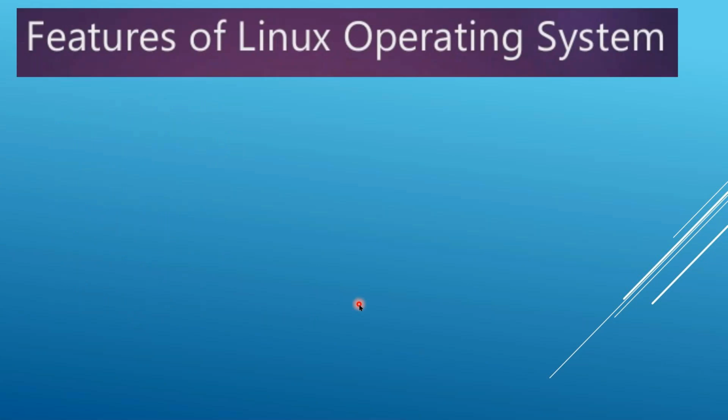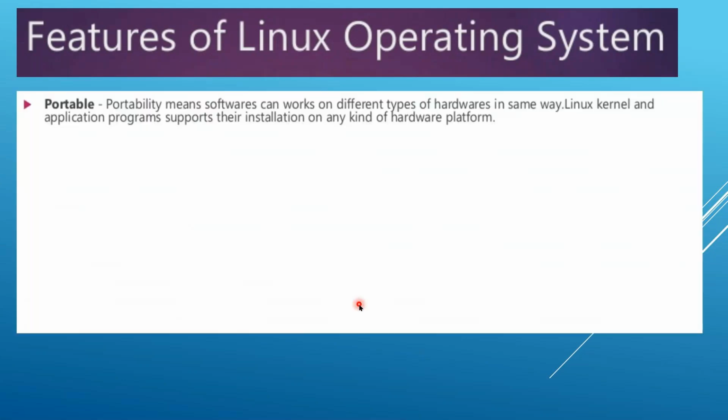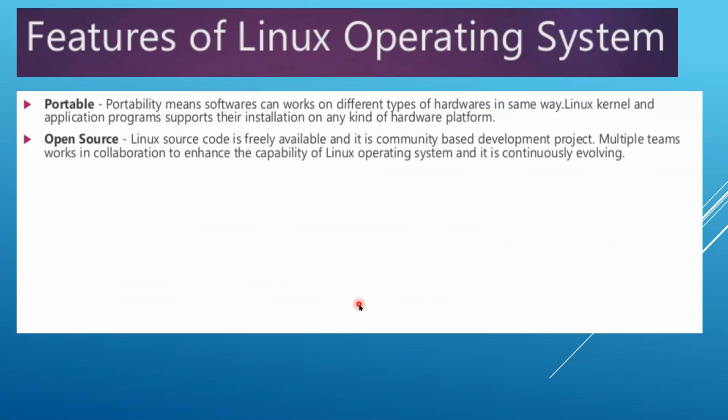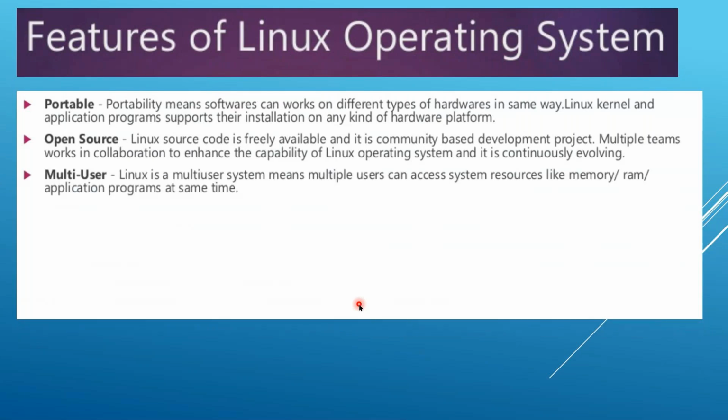Features of the Linux operating system. What are the features available? Portability means software can work on different types of hardware. Any hardware you can run this on. Open source, right? Linux source code is freely available, so it is free for every user to use. Multiple users can access the resources at a time.